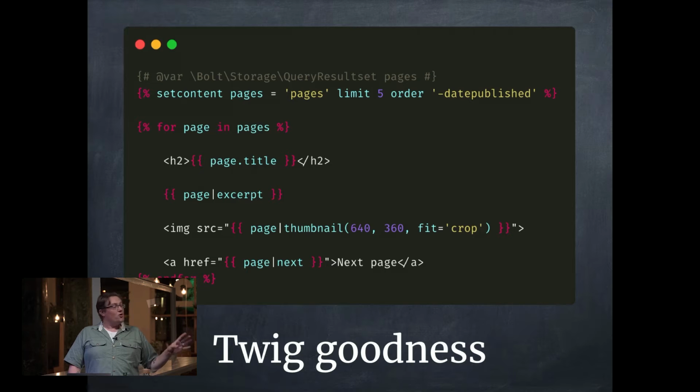These work on all content types regardless of their definition. For example, the excerpt will always show a small summary of the records, and the thumbnail will always show a thumbnail of an image that's in that content type regardless of what you've named that image inside your content type. And the page|next will always link to the next one in the array regardless of what it's called.